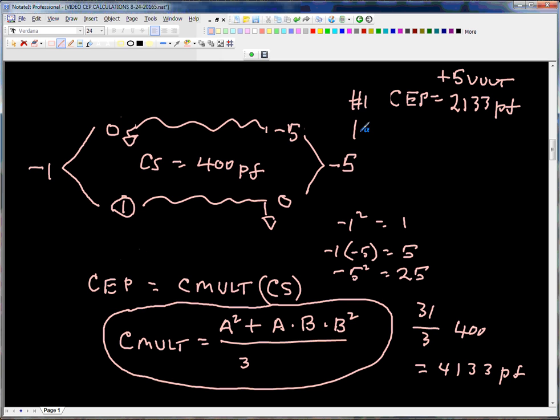So for number 2, CEP equals 4133 picofarad.